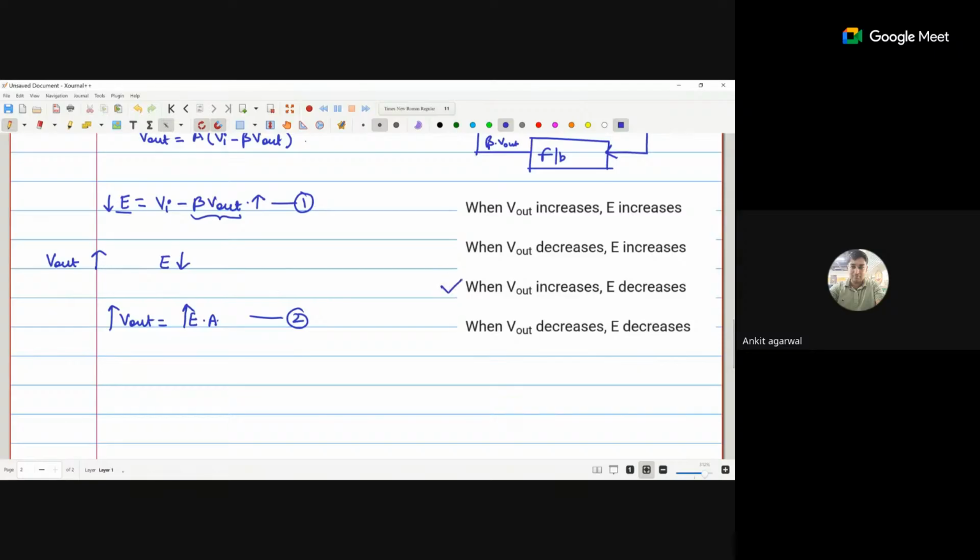This option is correct. Or second, if V out decreases, E increases. This option is correct according to equation number 1. But according to equation number 2, we can say V out and E are both directly proportional. So that means these two will be correct, this one and this one, according to equation number 2. Any doubt?